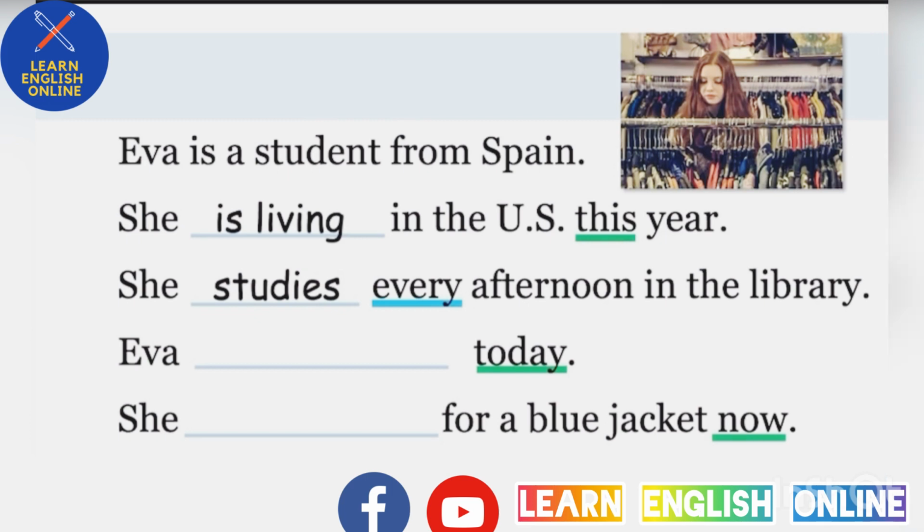Every tells me it happens this afternoon, tomorrow afternoon, the next afternoon. That means it needs to be in the simple present. Ava is shopping today. Today tells me present progressive now. And she is looking for a blue jacket now. Well, now is happening now.